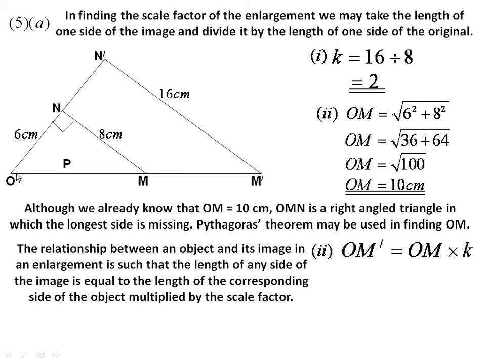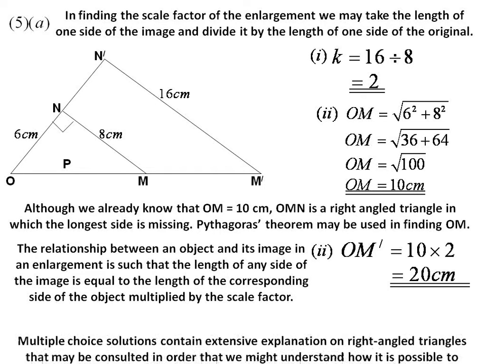In order to find OM prime, we take the length of the side of the triangle, the original, and multiply that by the scale factor, and we will have the length of OM prime. So OM prime is equal to the length of the original corresponding side multiplied by the scale factor. The scale factor is 2 and OM is 10. OM prime is therefore equal to 2 times 10, 20 centimeters.